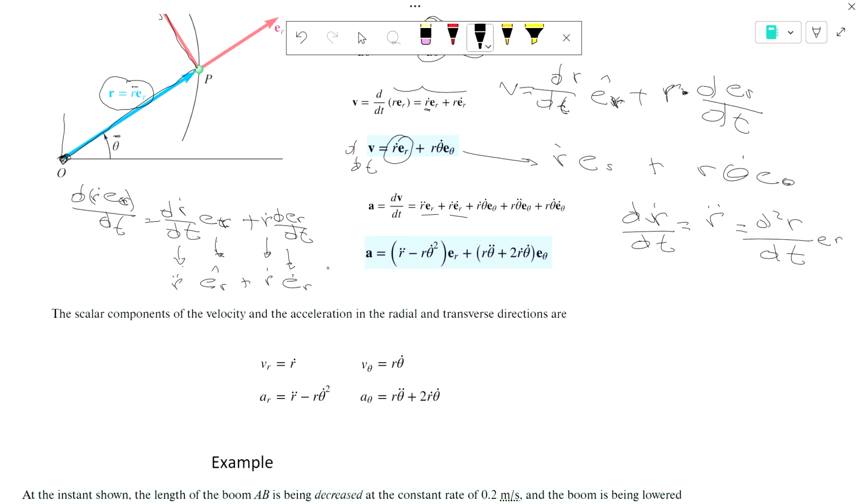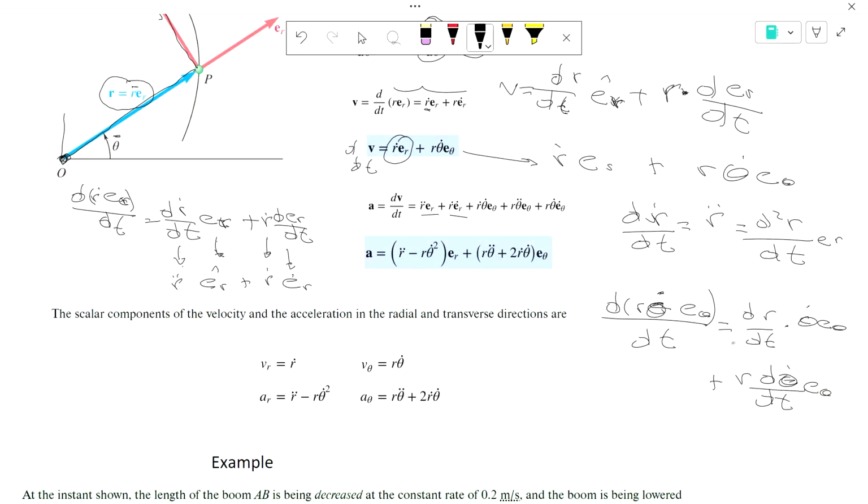So let me try to do it here. The r, e, this is theta dot, only one dot, e_theta, dt. Okay, so you have to do it in parts. So dr/dt times theta dot e_theta, all right, plus r d(theta dot)/dt e_theta.